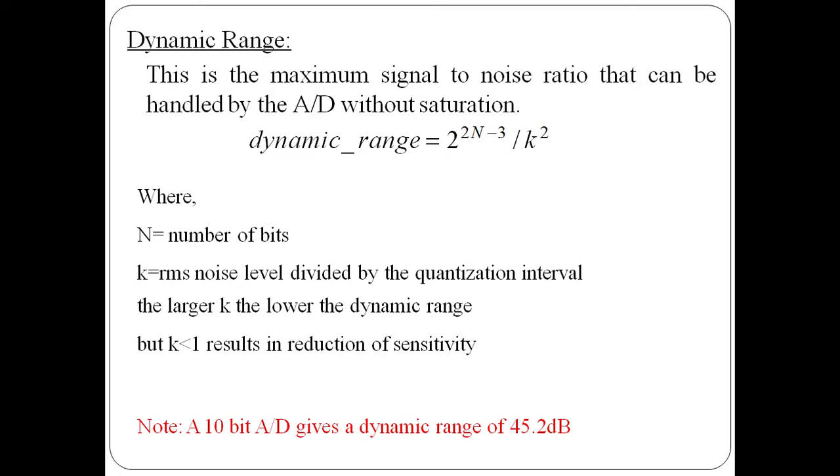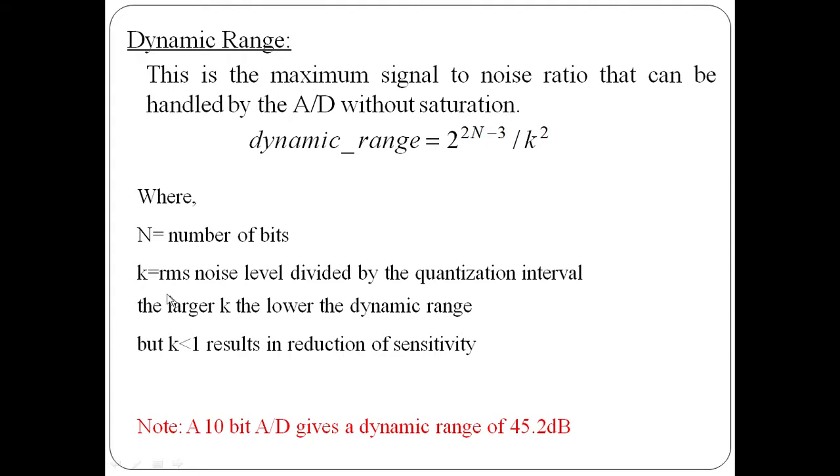What is the maximum signal to noise ratio that can be handled by the A to D converter without saturation? So this is the equation which is related to the number of bits n, where k is some constant in the denominator.